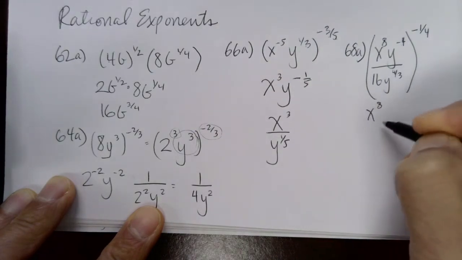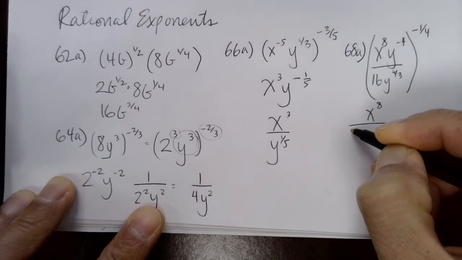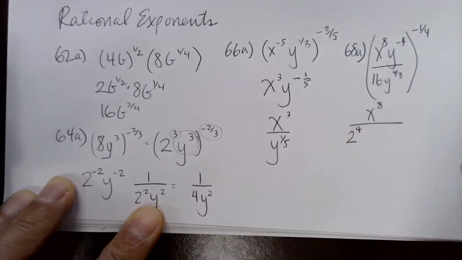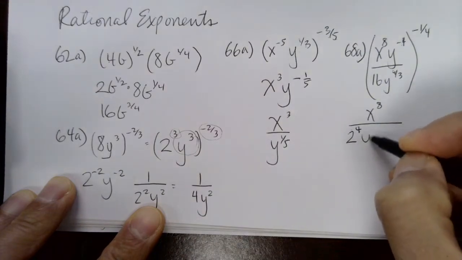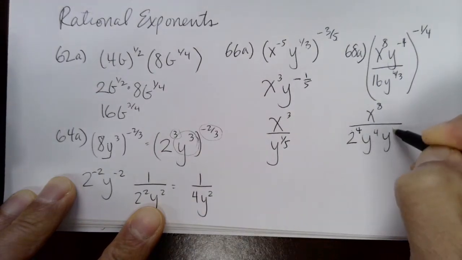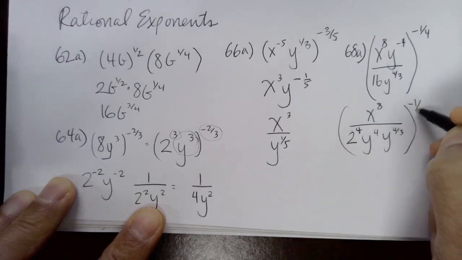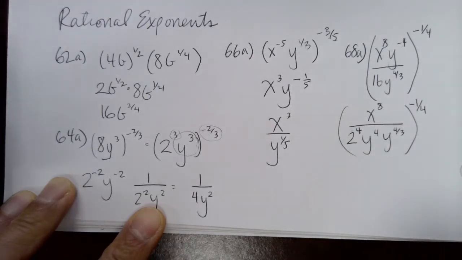X to the 8th over 16, right? 2 times 2 times 2 times 2 is 2 to the 4th, y to the 4th, y to the 4/3. And so I'm not completely simplifying to the negative 1/4.